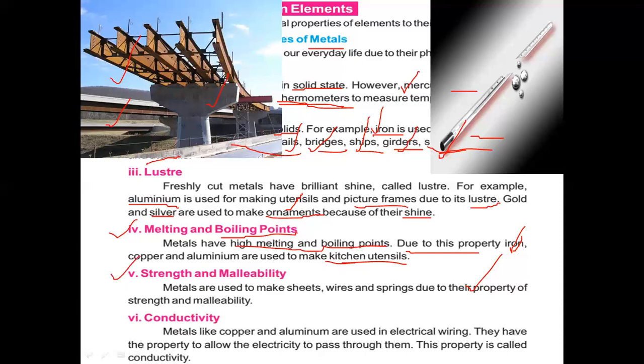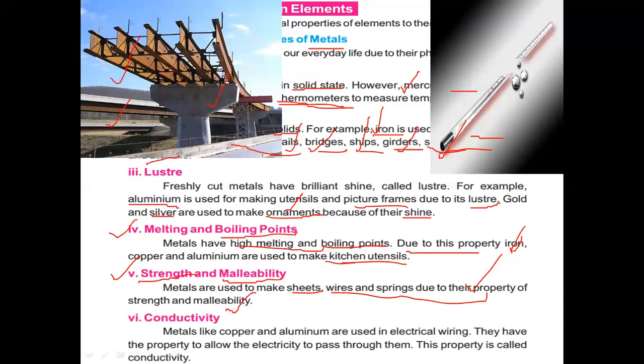So the next property is about changing of the shapes as well: strength and malleability, because they are too strong. They have high strength to attain the shape. So metals are used to make sheets, wires, and springs due to their property of strength and malleability.